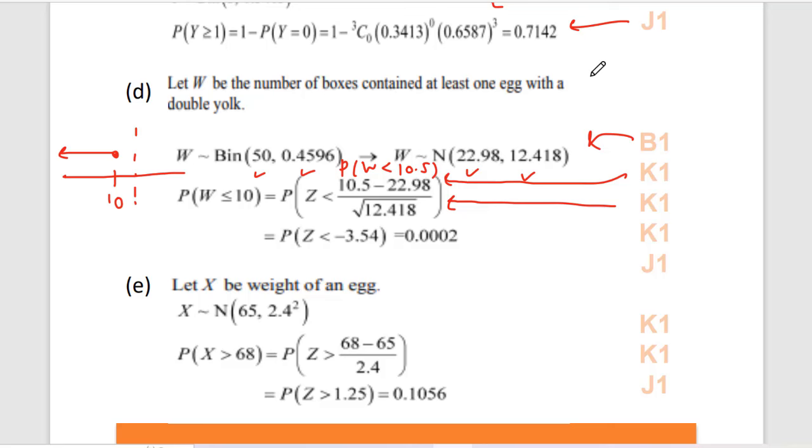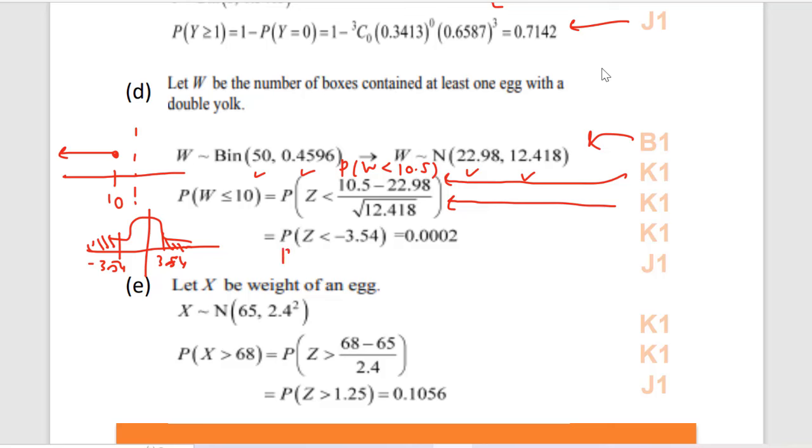Okay, yang ini, make sure buat bell shape. Okay, less than negative 3.54. So, dia dekat sini. Ni kawasan dia. So, kita tak boleh cari probability Z less than negative 3.54 sebab untuk standard normal kita kena tengok daripada table. So, ini kita akan reflect. So, ini 3.54 ni dekat sini. So, kawasan ni, okay, less than negative 3.54 ni sama dengan probability Z greater than 3.54.